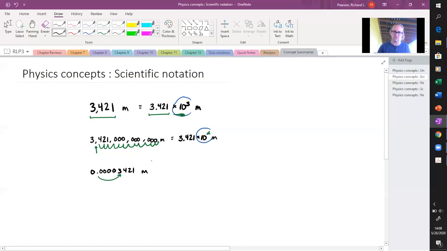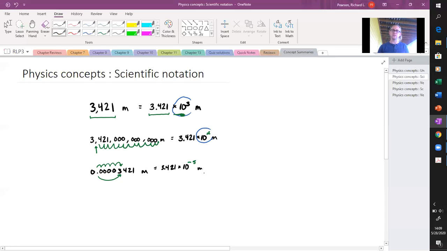Because again, we want it to look something like this. 3.421 times 10 to the what? And so now we have to look and see how many times we have to move this over. So this would be 1, 2, 3, 4, 5. So this would be 3.421 times 10 to the negative 5th meters.